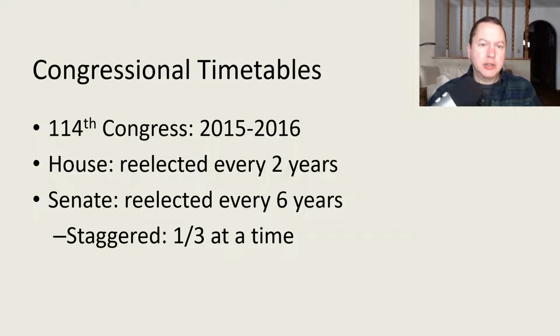What this essentially means is that in an election year, only 1/3 of the senators are actually worried about re-election. However, every U.S. representative is worried about re-election in every election year, or even-numbered year.